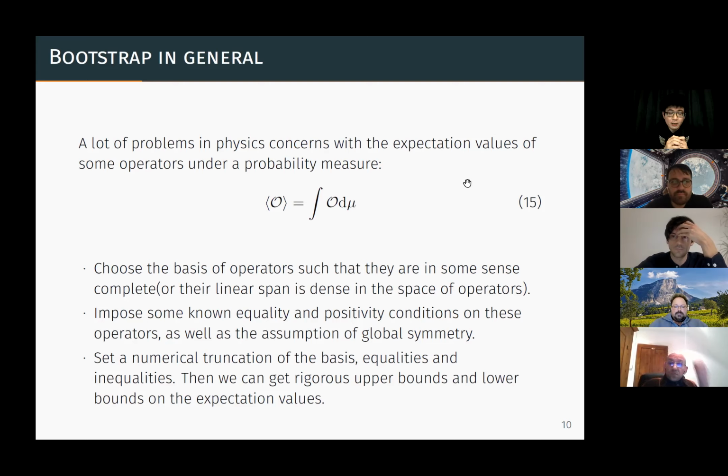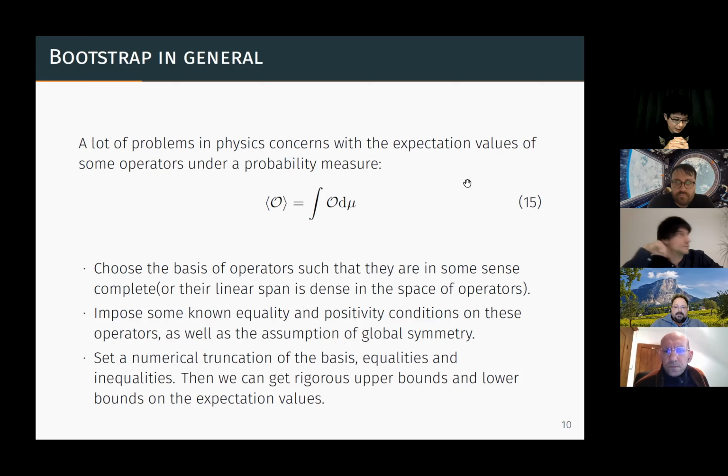Okay. In general, we can consider an arbitrarily complex probability measure on the lattice, or maybe in an interacting quantum field theory. So the general method is that we choose a basis of operators that are in some sense complete.